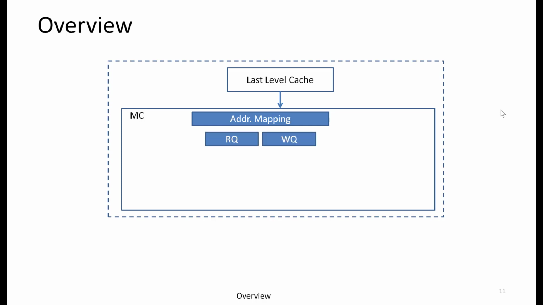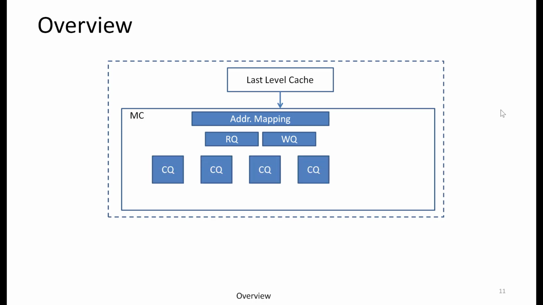Following that, it will place the request into a transaction queue, which can be dedicated for reads and writes as RQ and WQ. Post that, each transaction is split into multiple commands and placed in one of these command queues. Following the command queues, we have the memory scheduler, which is managed by the controller.